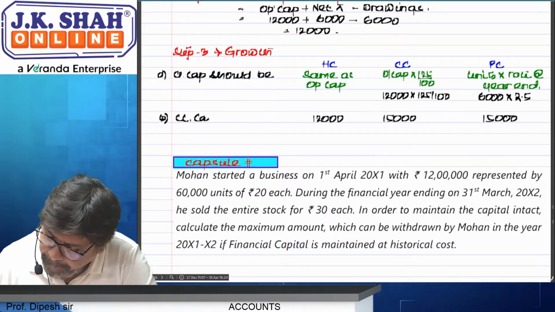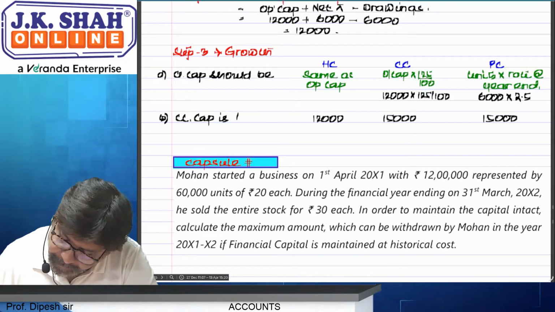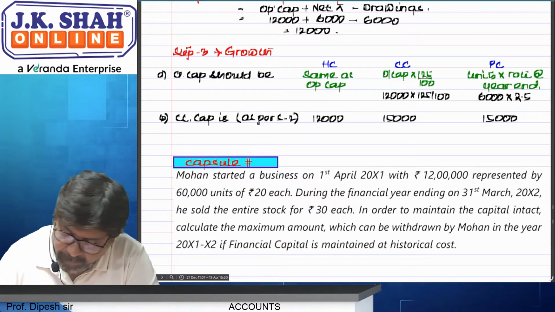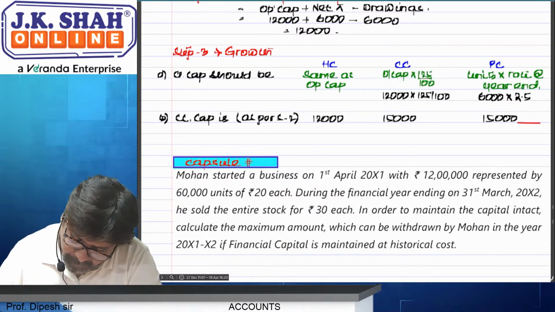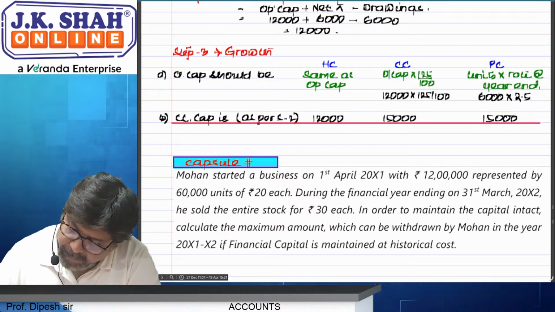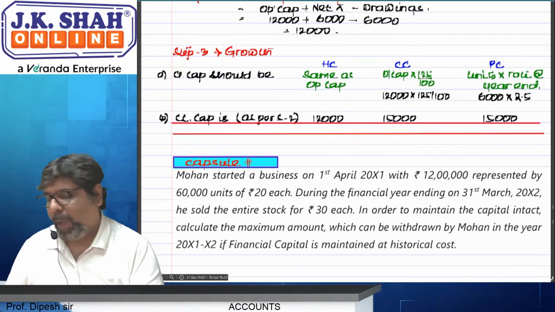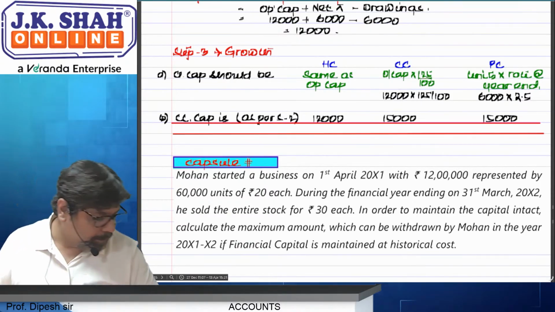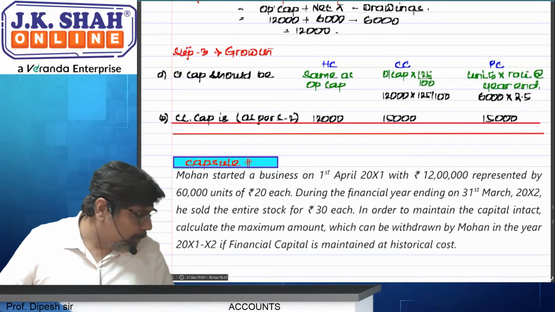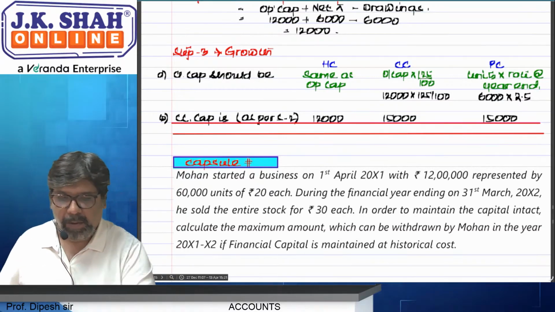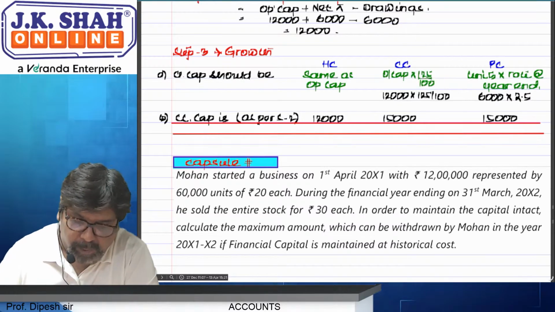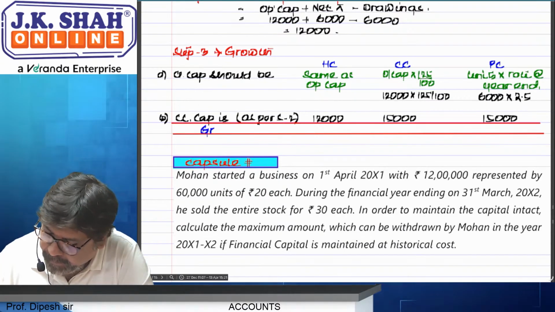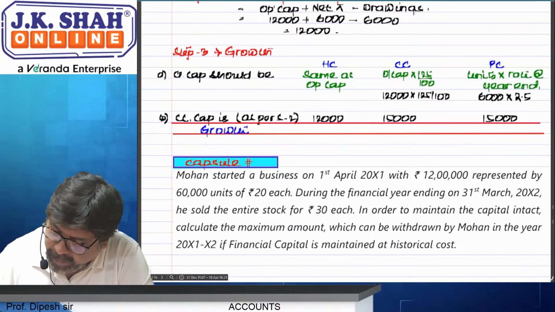Closing capital is as per step 2. Now chartered, tell me the growth. In historical capital means no growth.